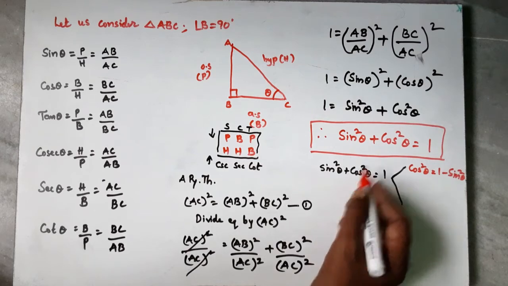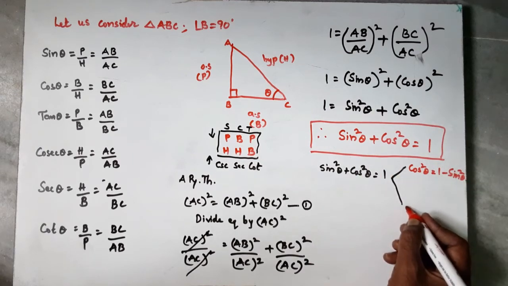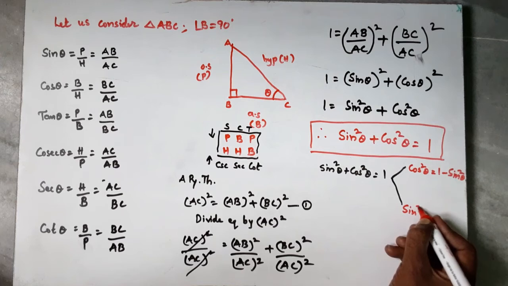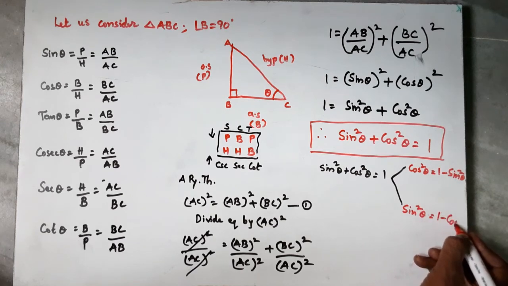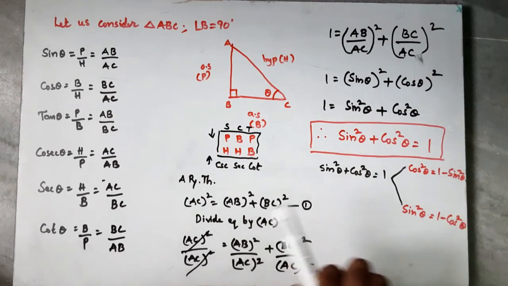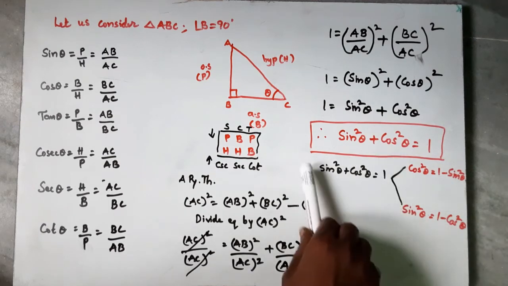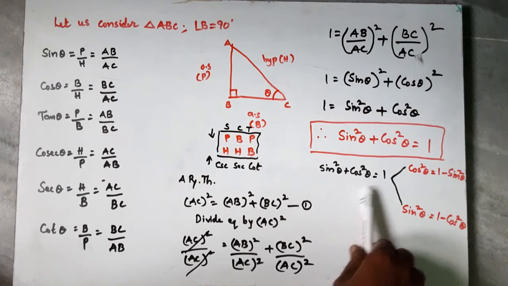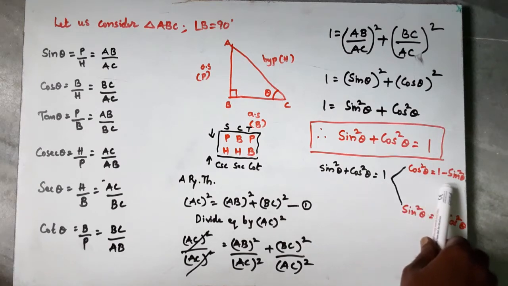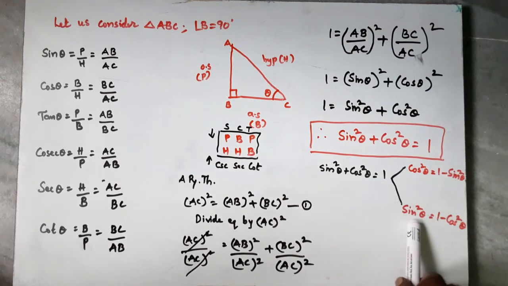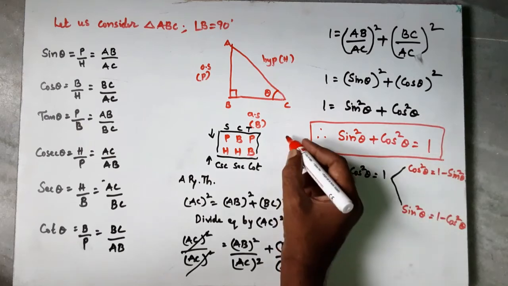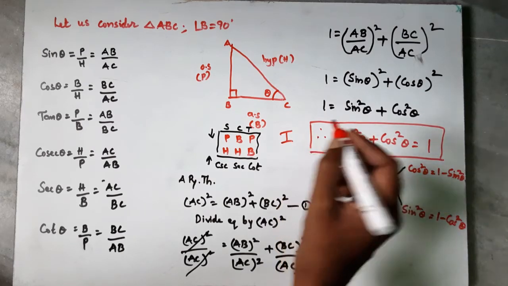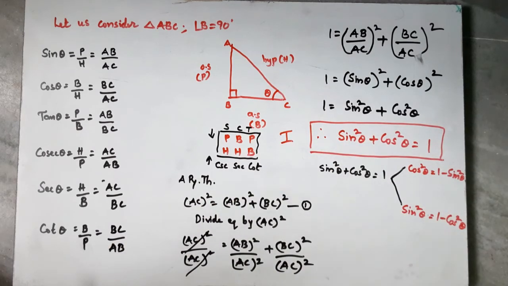When you transpose cos square theta, sine square theta is equal to 1 minus cos square theta. So this is the first trigonometric identity.